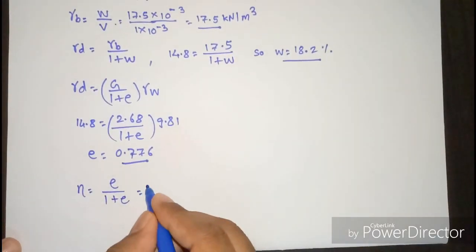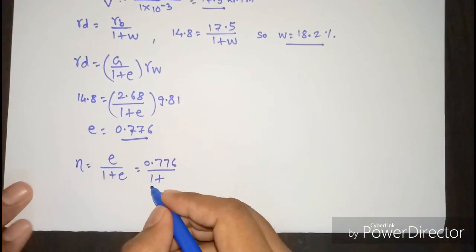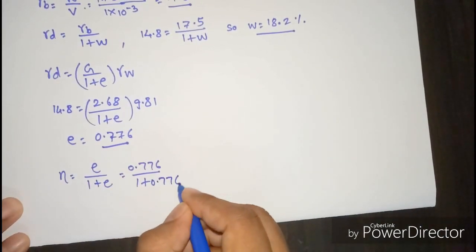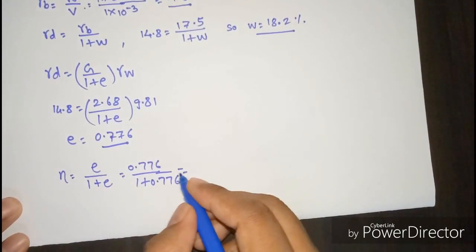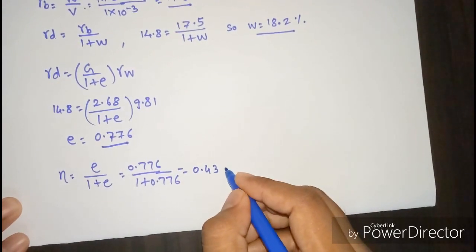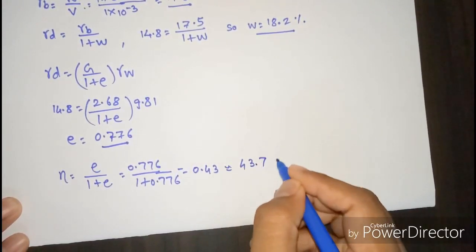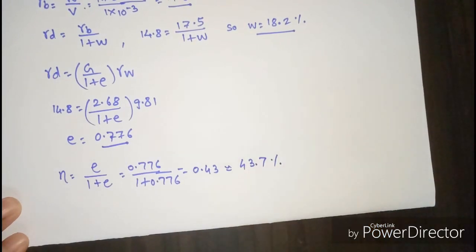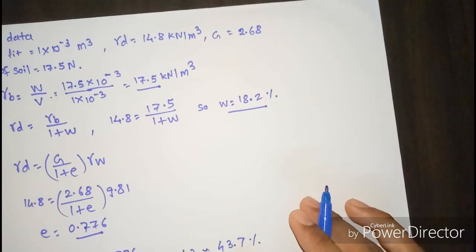So void ratio is 0.776 upon 1 plus 0.776, and porosity is 0.437. Porosity is always in percentage, so 43.7%.